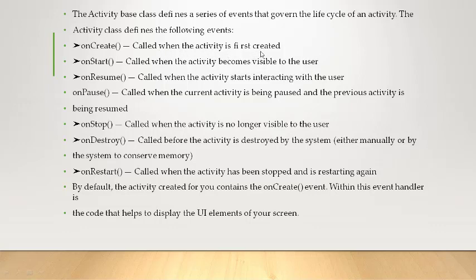This will create the activity within the memory, and onStart creates the activity and it becomes visible to the user. onResume: suppose for some reason the activity gets stopped and I want to resume the activity, then we will call the onResume method. If I want to pause the activity, then we will call the onPause method. If we want the activity to be no longer visible to the user, then we will call the onStop method. The onRestart method is called when the activity has been stopped and is restarting again. These are the life cycle methods for activity.